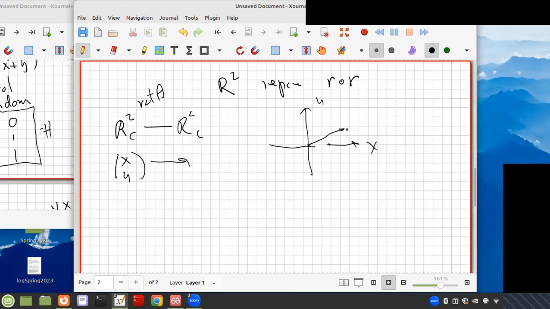We have a vector V at X, Y, and we want to rotate that through an angle theta. Doing it geometrically, you have to mess with some stuff, so it's actually going to be easier to find the map. So R represents the map rotation by theta. It turns out that's a linear map, and it's useful then to find the matrix that represents that map.